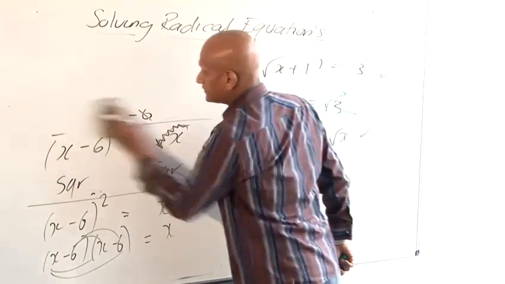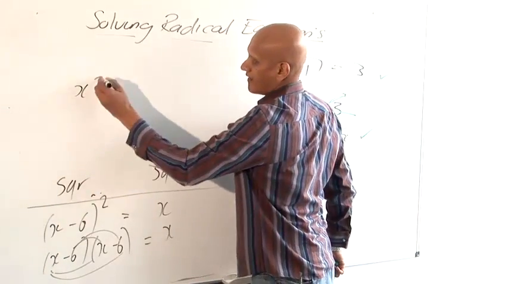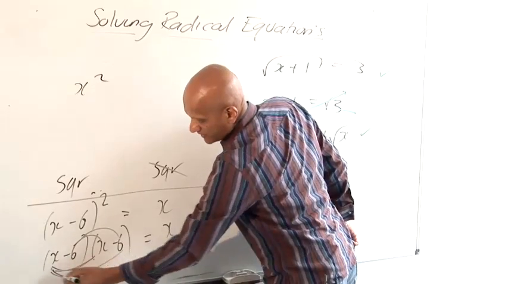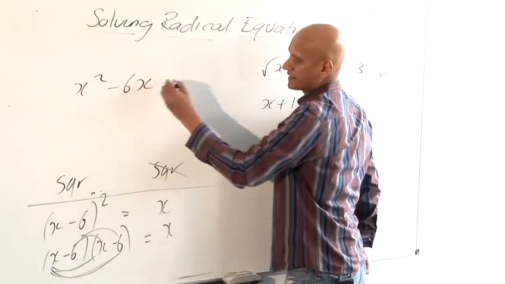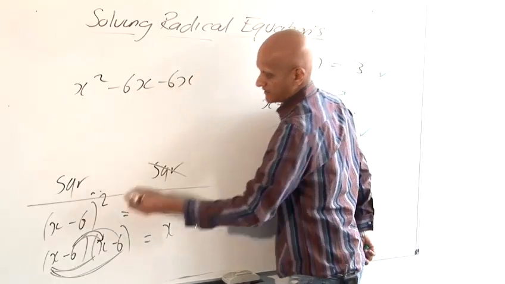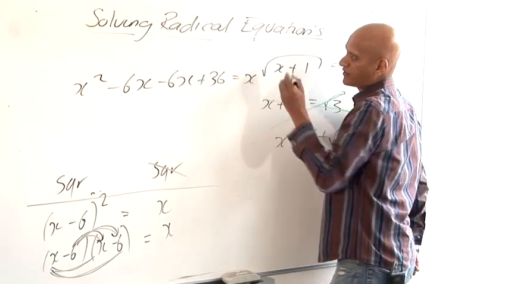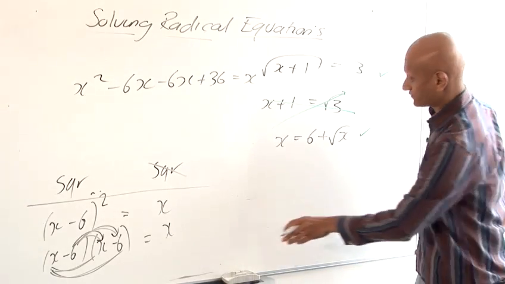So that gives me x squared. That's that one. This one is minus 6x. This one is another minus 6x. And this is plus 36. And on the other side it's equal to x.